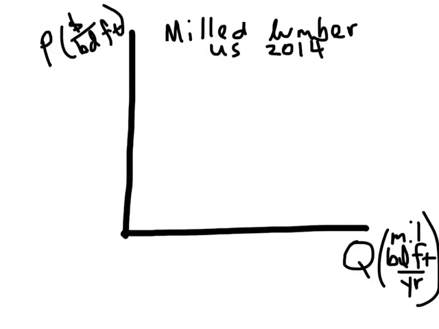And then, so we have this XY space. If price is really high, I'm just going to say P naught. I used to know pretty closely what the price of a board foot of at least unmilled lumber was, but I have no idea right now. So at some high price, we're going to find some fairly low quantity demanded, because at that price maybe you'll build with bricks or cinder blocks or something else.